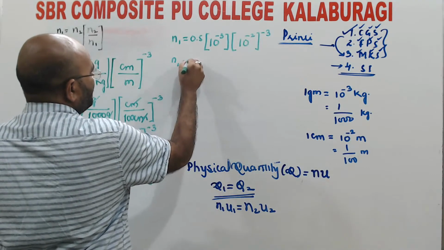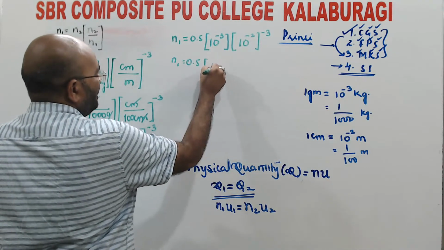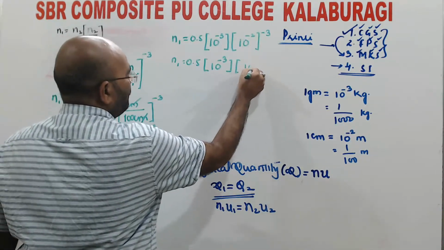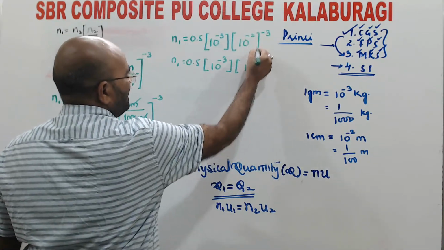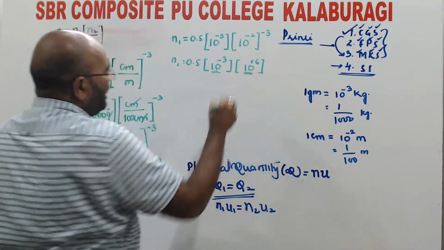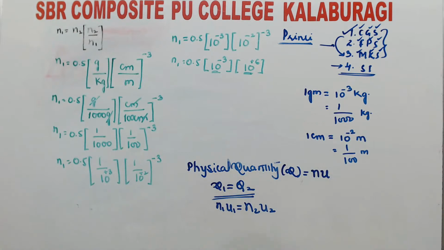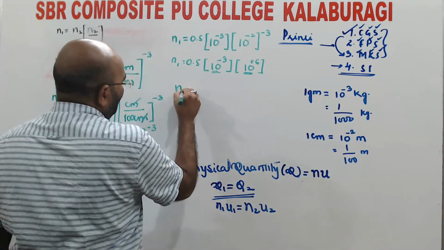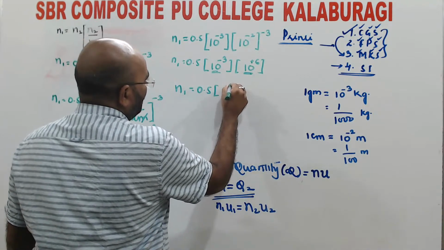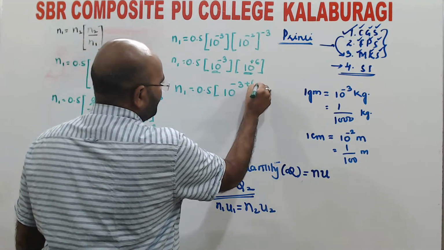Let's simplify this. N1 is equal to 0.5 into 10 to the power minus 3 into 10 to the power minus 2 times minus 3, which is plus 6. When bases are the same, powers must be added or subtracted. N1 is equal to 0.5 into 10 to the power minus 3 plus 6.